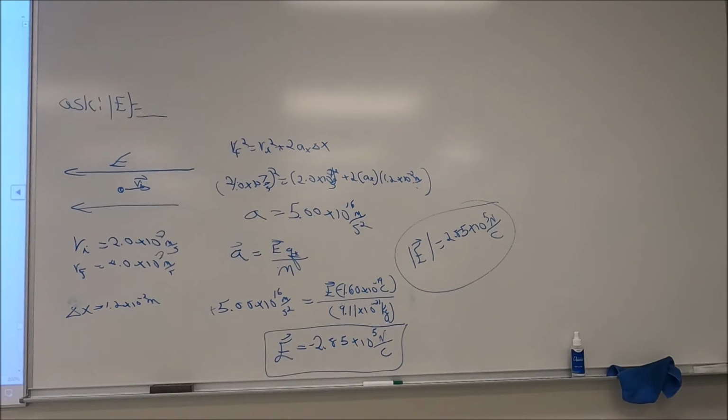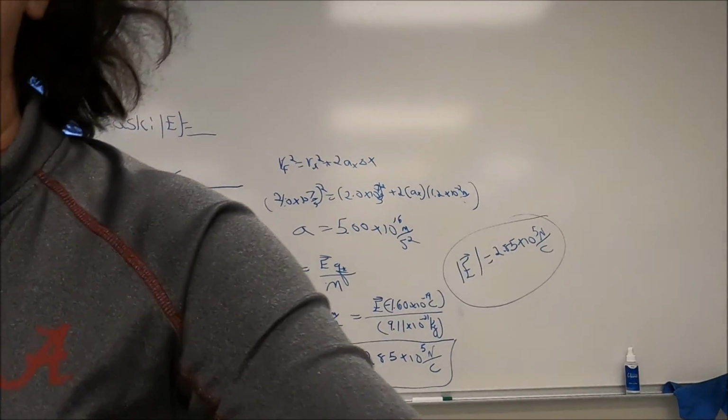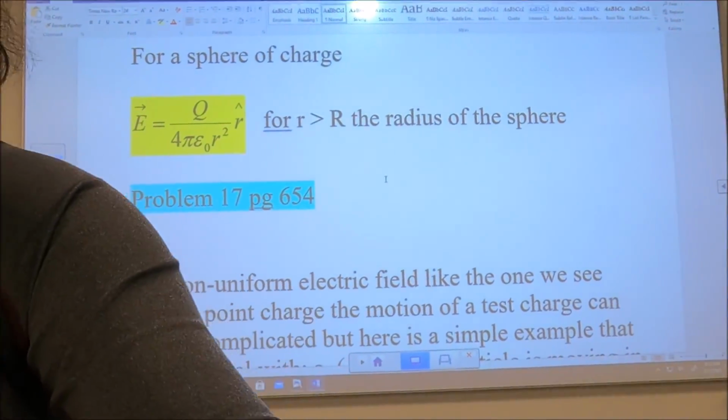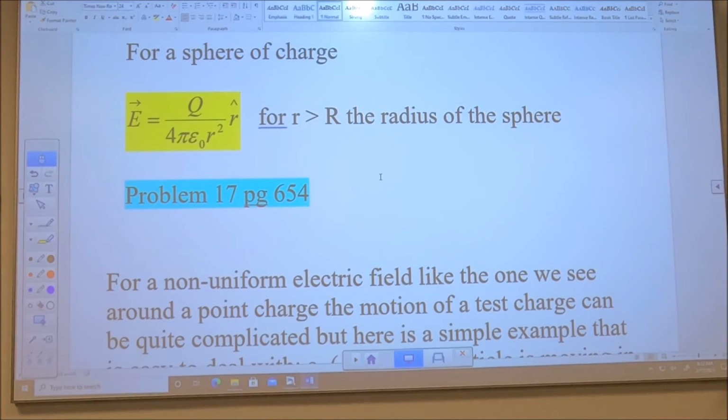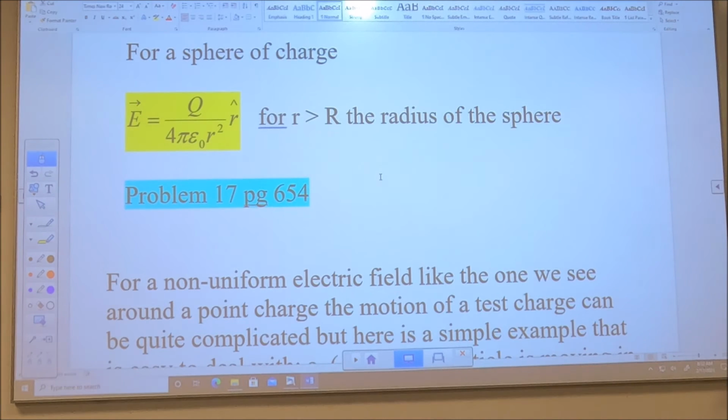Okay, guys. Now, let's talk about a sphere of charge. A sphere of charge is a charge that's not a point charge, whether it's a solid sphere or a hollow sphere.